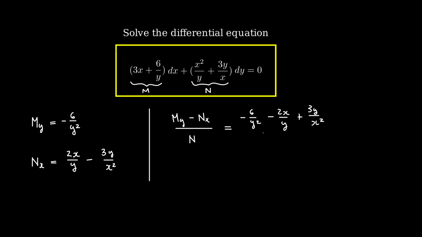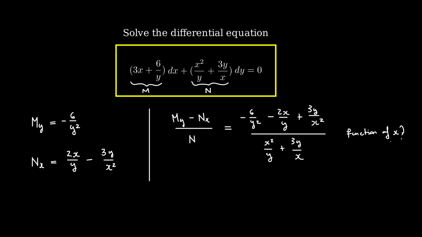And if we had to divide that by N, so this N over here, x squared over y plus 3y over x. Well, you can just eyeball this to see that nothing's going to cancel in a way that we're going to be left with a function purely of x.